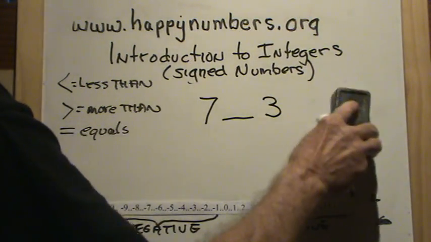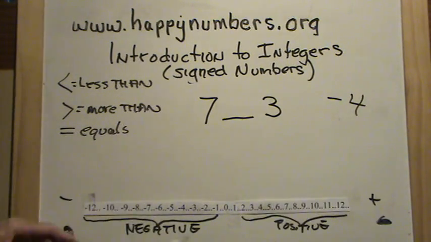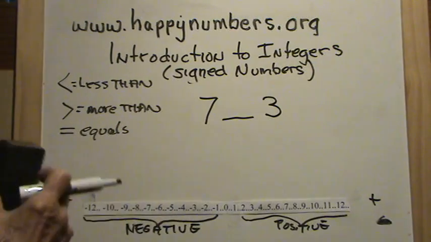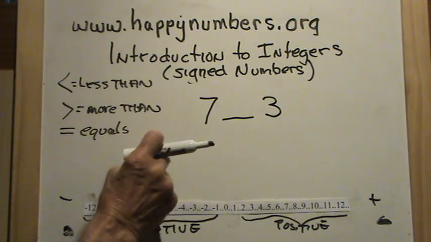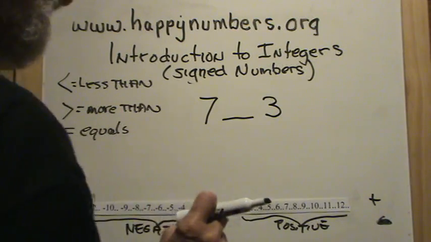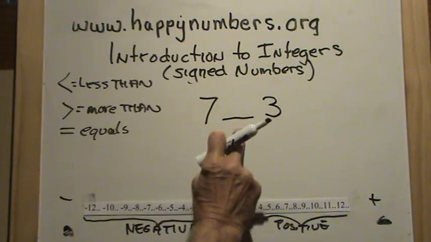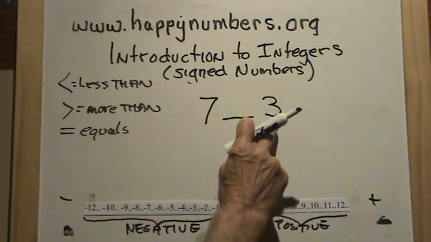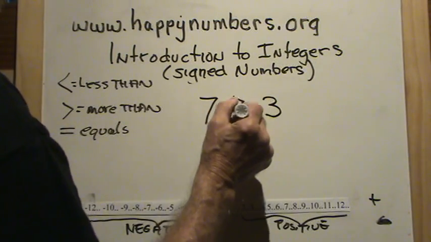Negative numbers always have to have the negative sign. So here, 7, is it greater than or less than or equal to 3? Well, 7 is more than 3.